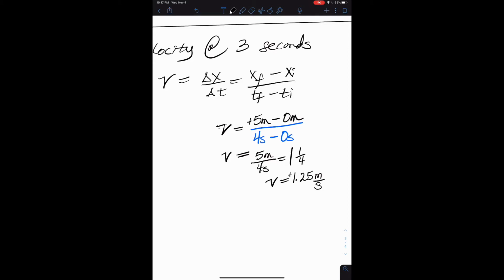And it's positive, right? It's up and to the right. Okay, good. This pen's struggling a little bit.